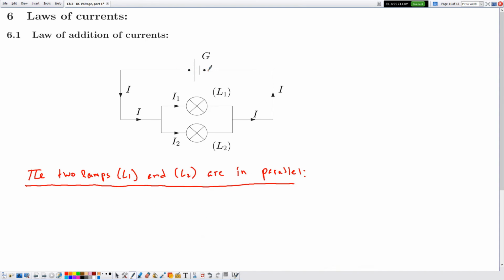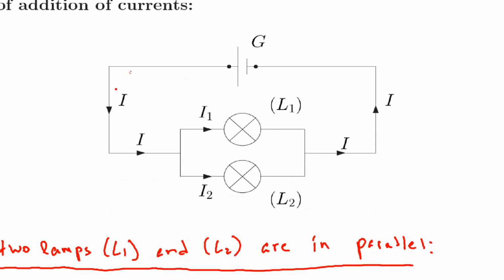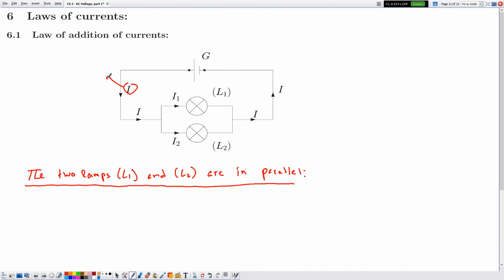The battery, which is denoted by G, will deliver electricity to all electric components through the electric current I. Because this electric current I is delivered by the battery, we call I the main current. Now this electric current I splits into two currents, I1 and I2, such that I1 is the current traversing the lamp L1 and the current I2 is traversing the lamp L2.